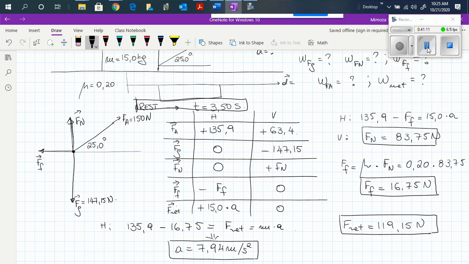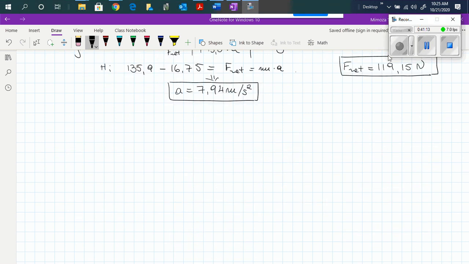Now, in order to find the displacement, we will use kinematics equations. What is given here is that the object is starting from rest and it is moving for a time of 3.50 seconds.